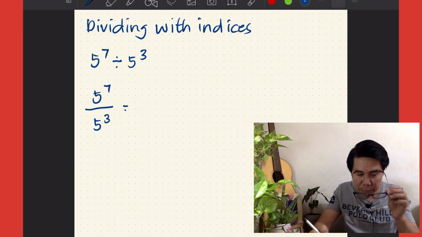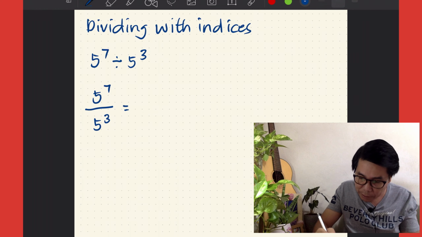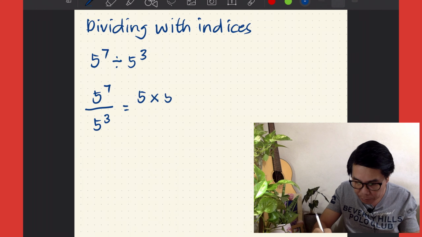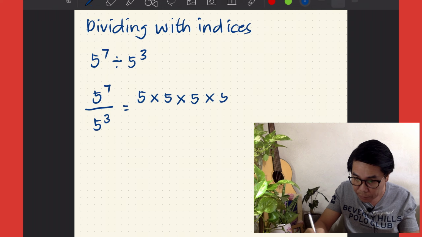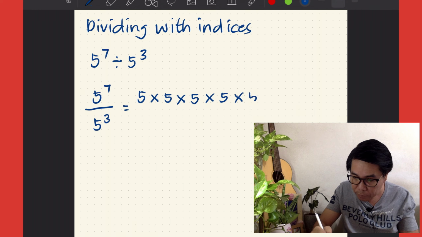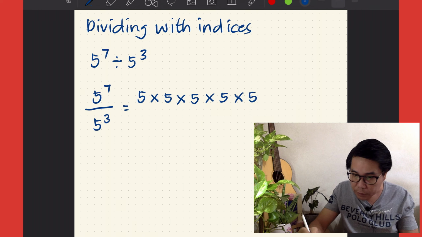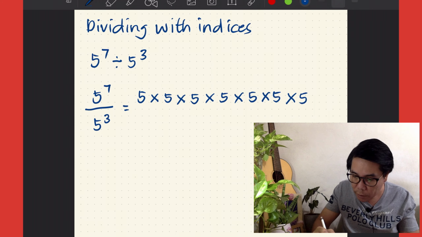So 5 raised to the power of 7 means 5 times 5 times 5 times 5 times 5 times 5 times 5. 1, 2, 3, 4, 5, 6, 7.